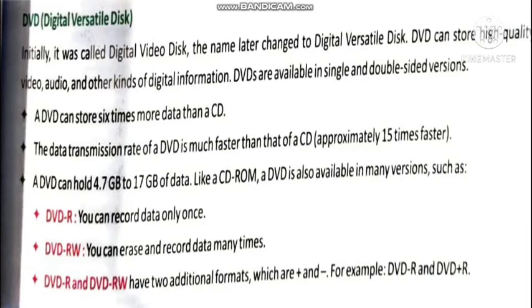Here one more thing you must know, that it has two additional formats, plus R and minus R. The storage isn't affected by these two formats. Basically these formats are about how the laser beam is used for reading the data from the disk. So these two methodologies are there, DVD minus R and DVD plus R.